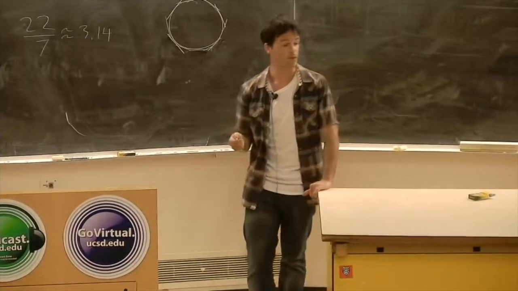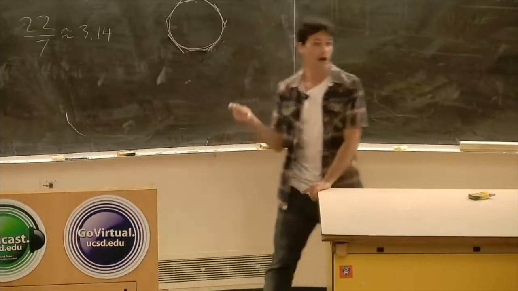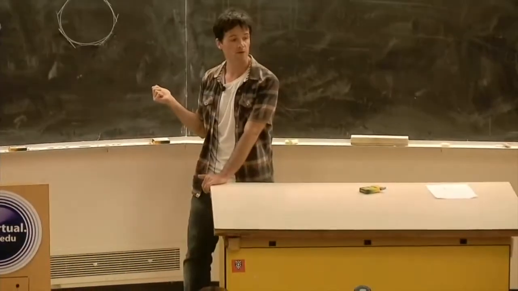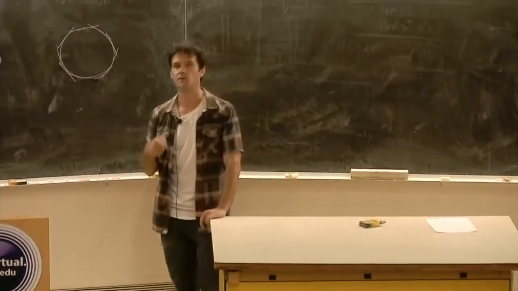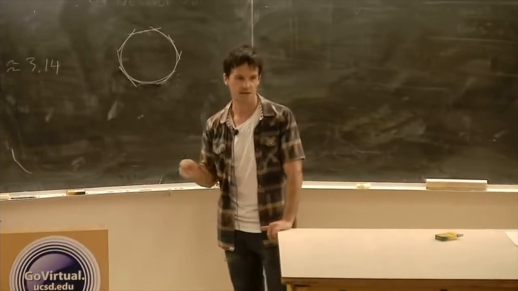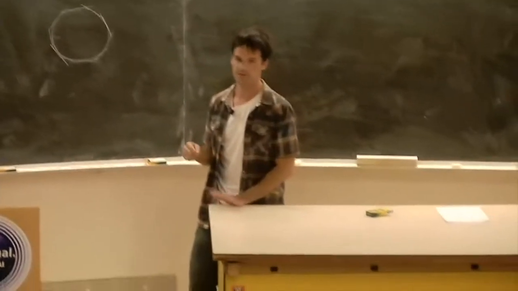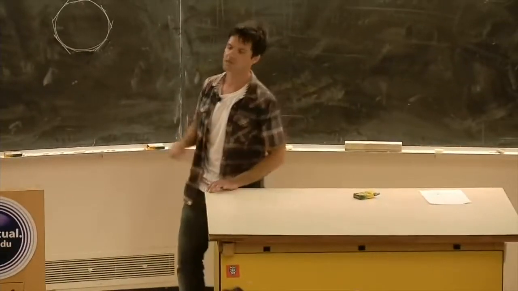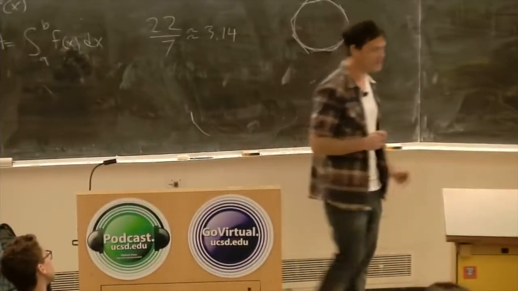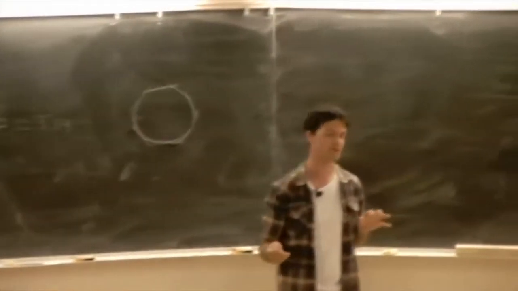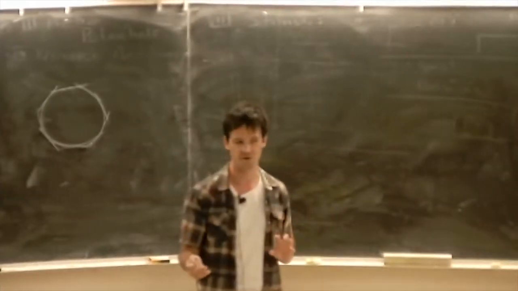So for example, I could show you how to come up with a formula for the area of a circle. I'm not going to do that one today because it uses a technique of integration known as trig substitution, which I haven't taught you guys yet. Although, strangely enough, it's actually easier to come up with a formula for the volume of a sphere.